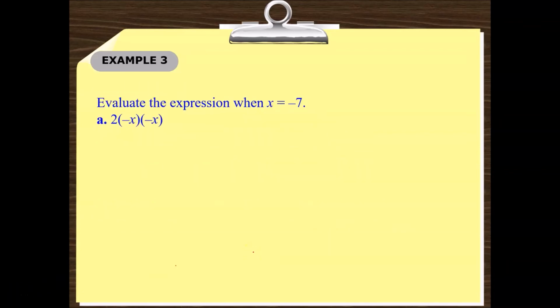For our third example, let's evaluate the expression when x is equal to negative 7. Evaluate means we replace the value of x with negative 7. Okay, so first let's just copy 2. Okay, and then let's use a bracket this time because we'll be using parentheses again.